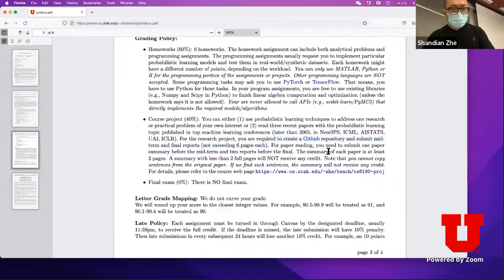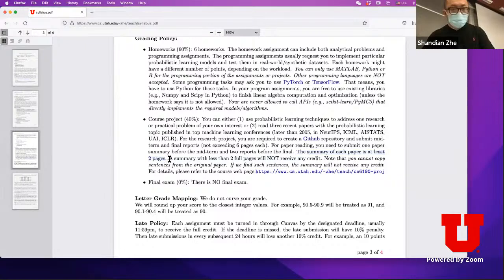And for the paper reading project, right, you need to submit 1 paper summary before the midterm, and the summaries of the remaining 2 before the final. I mean, final means the end of this semester. Right? And the summary of each paper is at least 2 pages. Right?